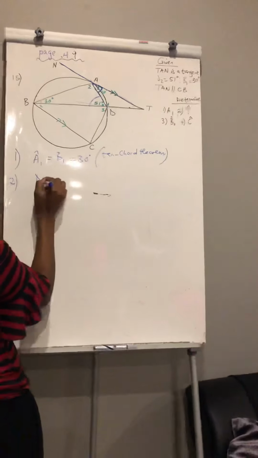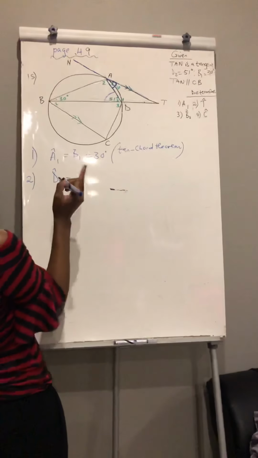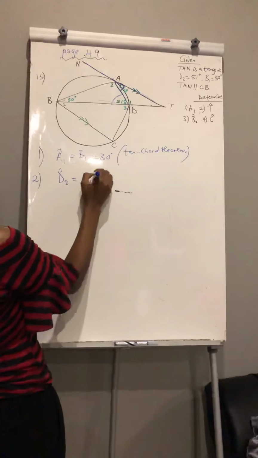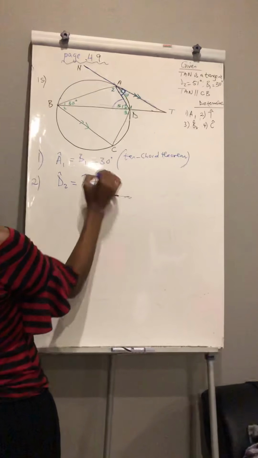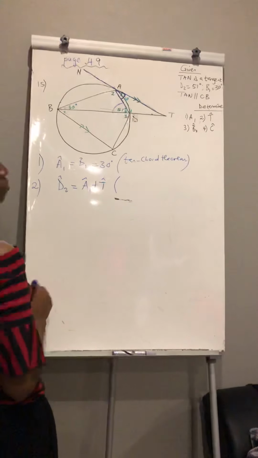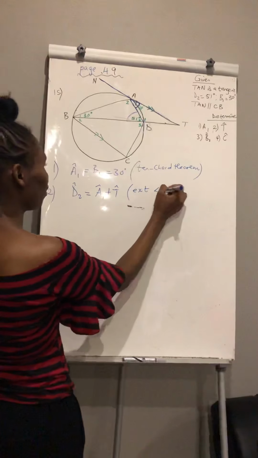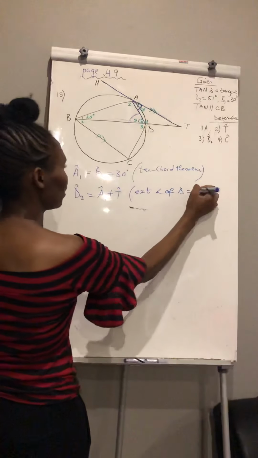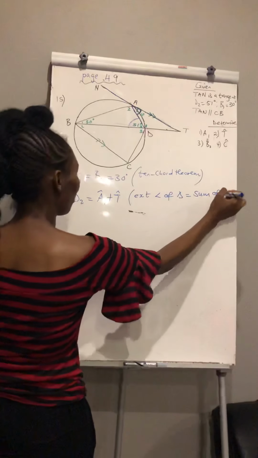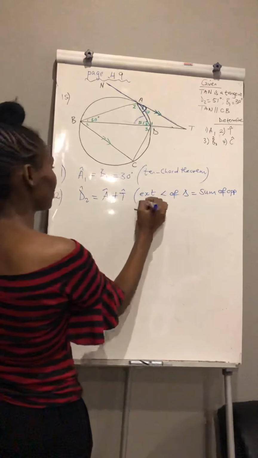D2, look at it closely, is equal to A1 plus T. And this is because the exterior angle of a triangle is equal to the sum of opposite interior angles.